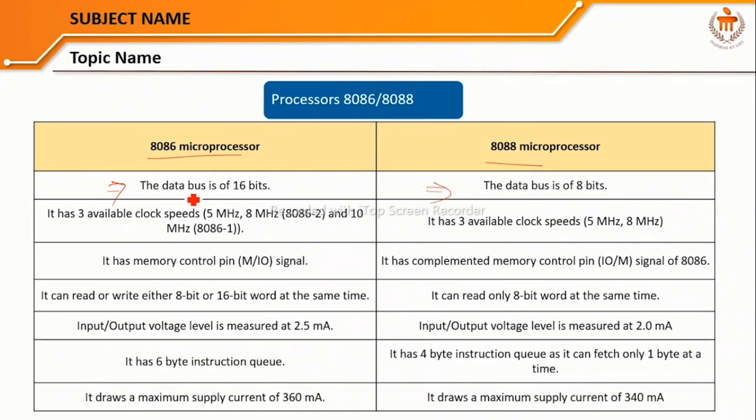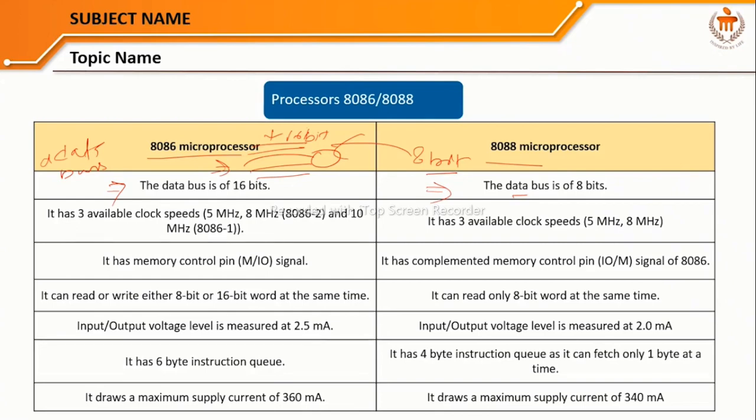If we have 16-bit, it means we have more lines, so we can transfer 16-bit data at once from one device to another, while here we can transfer only 8-bit data. So we can understand the 8086 is faster than the 8088 because of its bit width and transferring speed.